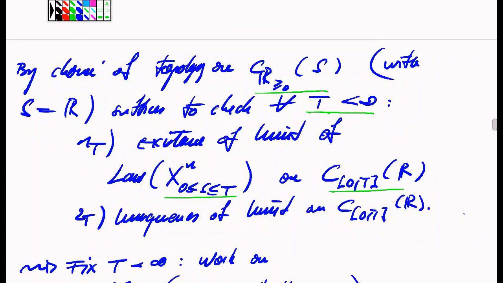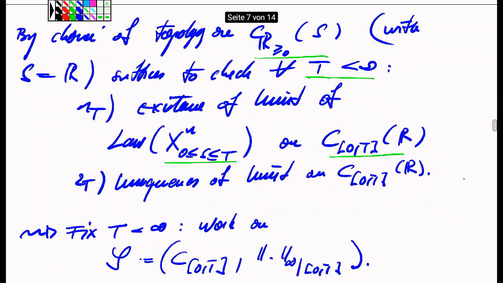If we have such a convergence, then we can just concatenate all these different convergence statements of the respective time intervals in order to obtain a full convergence on the unbounded time interval.